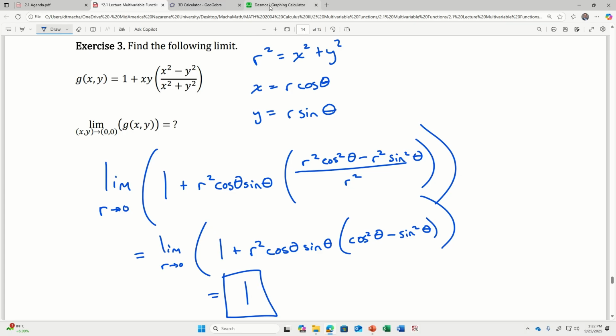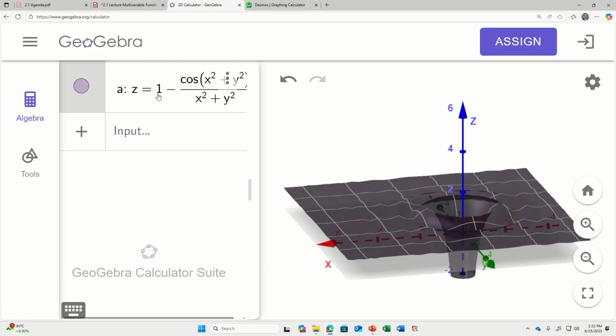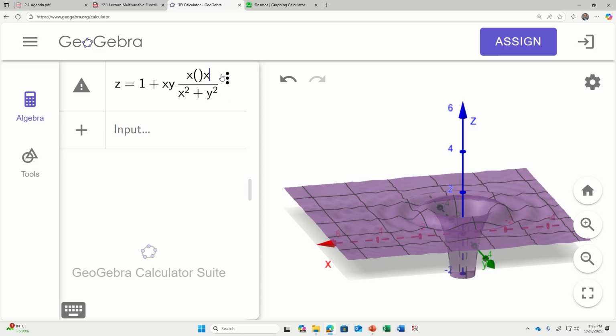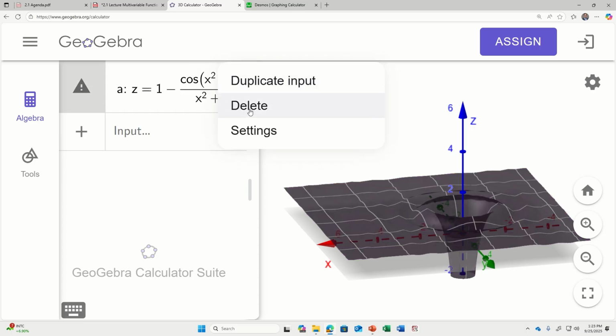So let's try to graph it. 1 plus... I can't get the number in between the parentheses, it won't let me. So that's why GeoGebra sucks.